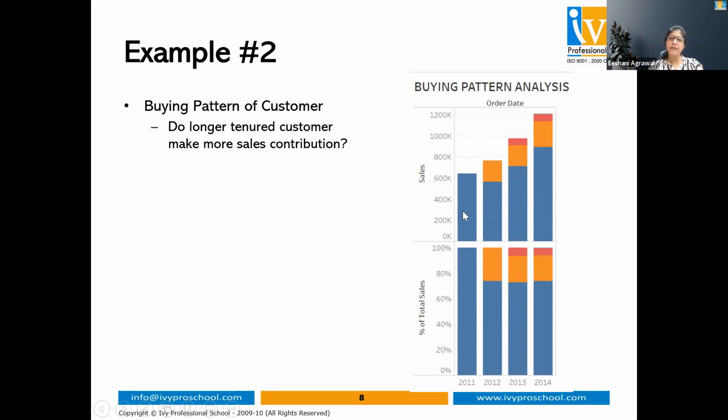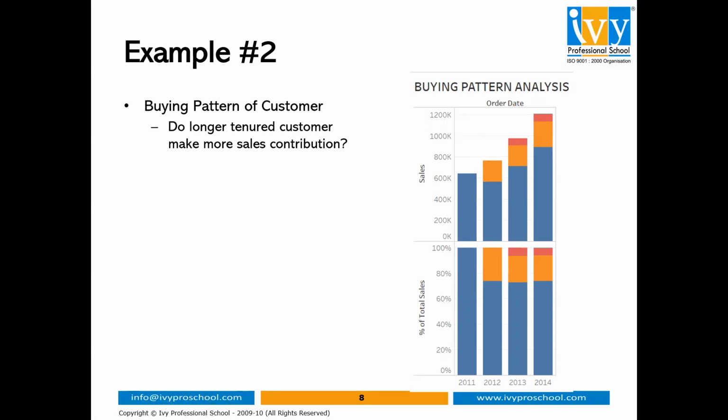Over here, we can see it's entirely blue, meaning all the customers, obviously 2011 is the first year, so all the customers will be of 2011. In 2012, we can see that 2011 people also bought, and those are the people giving majority sales, and then the 2012 new customers. So how do I get this?